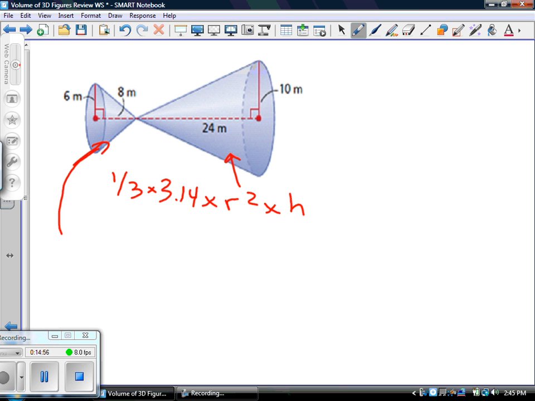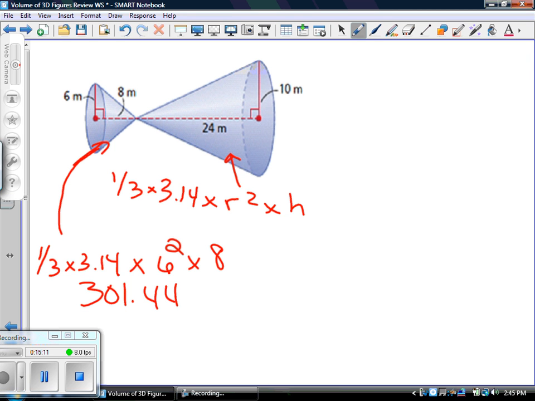So now dealing with this first one, 1/3 times 3.14. The radius is 6, so I'll remember to square that, and the height of that cone is 8. If I was to calculate that, I should expect to see 301.44. For the second one, we'll extend our arrow here. It's 1/3 times 3.14 times the radius, which is given to us as 10.